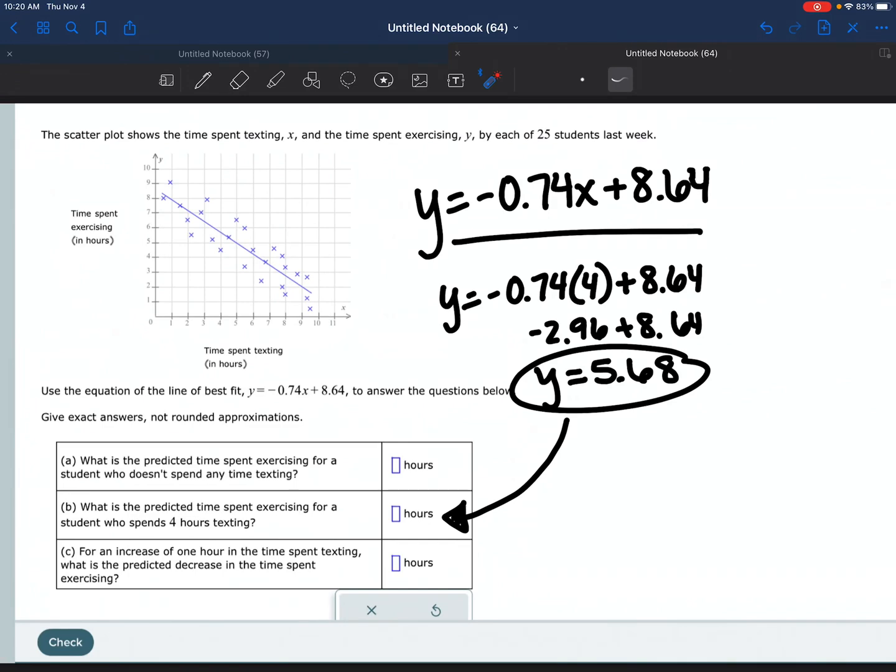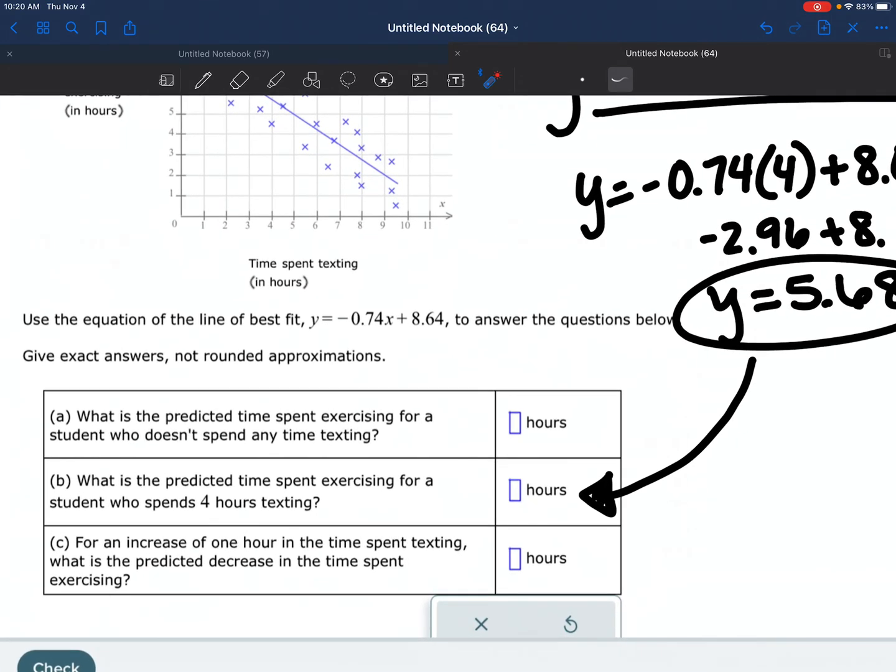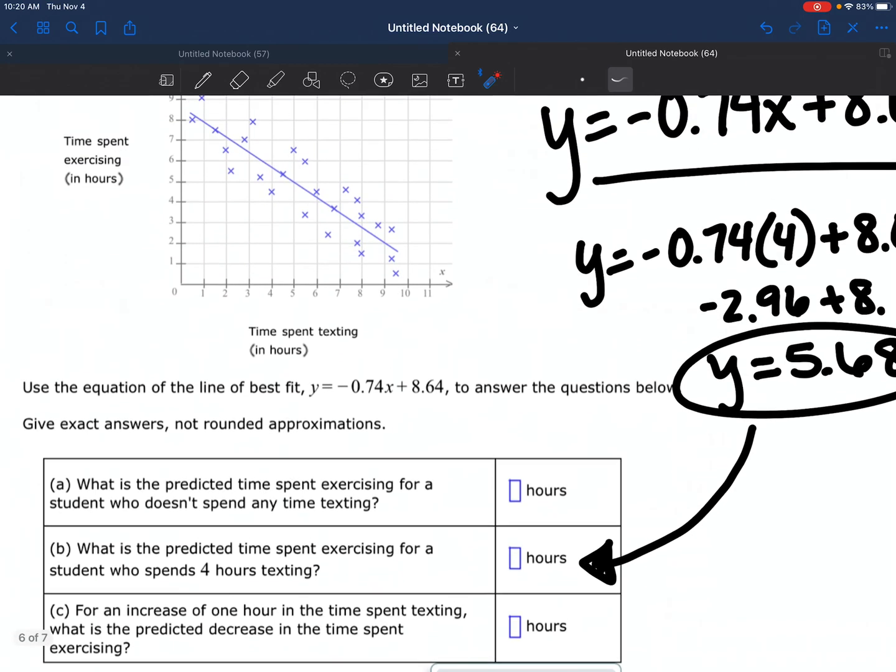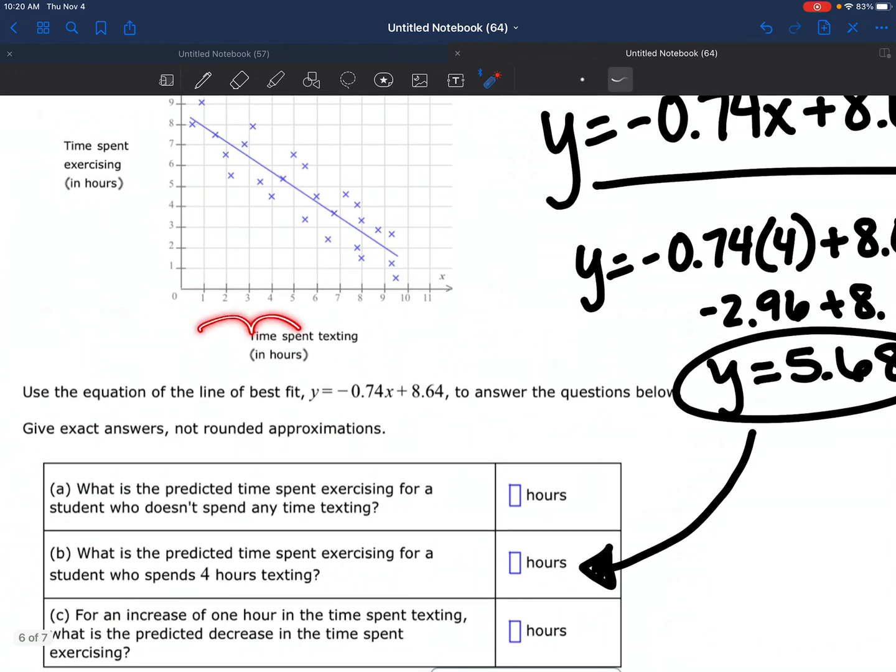Okay. Last question. This is where most people have had trouble today. It says for an increase of 1 hour in the time spent texting, what's the predicted decrease in the time spent exercising? So basically, what it's asking, for every hour that we go up here, an increase in 1 hour of the time spent texting, what's the decrease here?